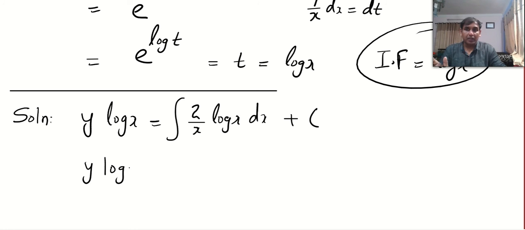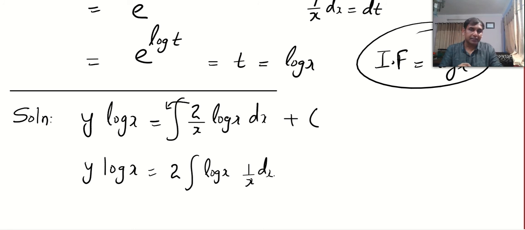Now I hope you don't mind if I throw this 2 outside. It's a constant, it goes outside the integral. And then I'm going to write log x into 1/x dx. This time I'm sure you understood what I did. Can you see?